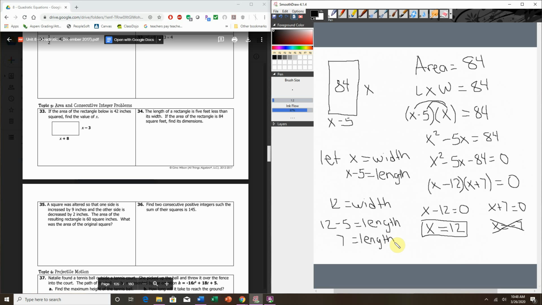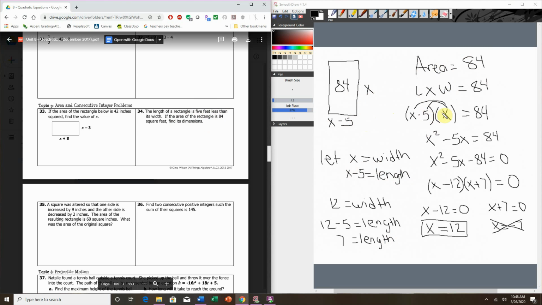Okay, so going through our problem, we had to figure out, how can we figure out if they're giving us the area of 84, and we know the area is length times width, we had to write an equation that will help us solve for what each side is. So we said that since our width is x, we're going to label that as x, our length has to be x minus 5, because in our problem it says it's 5 feet less than whatever the width is.